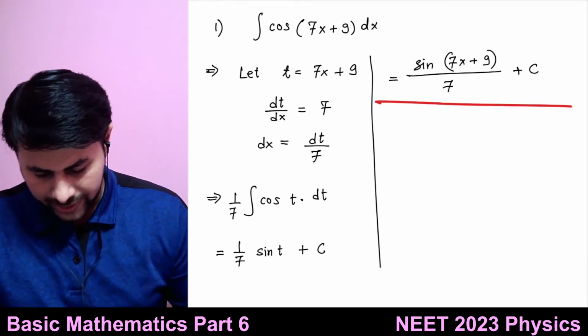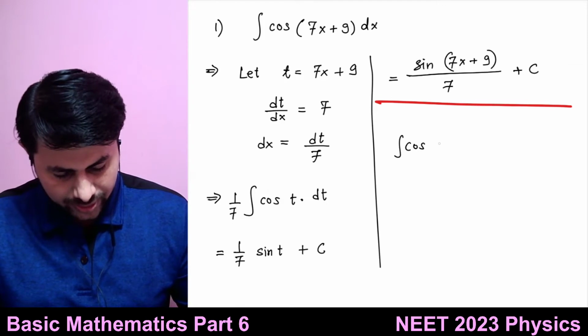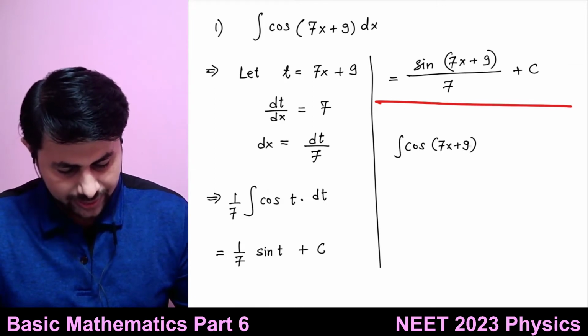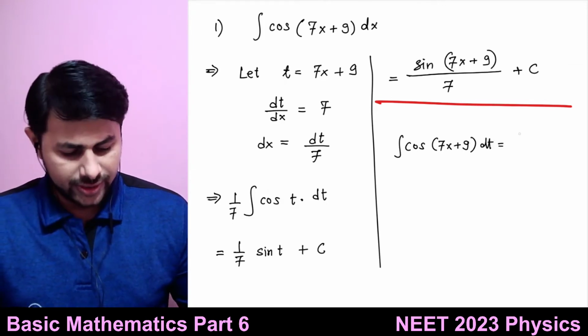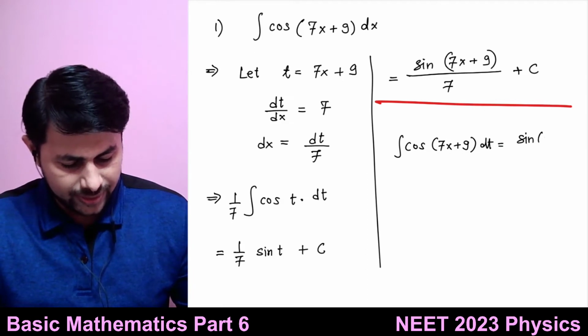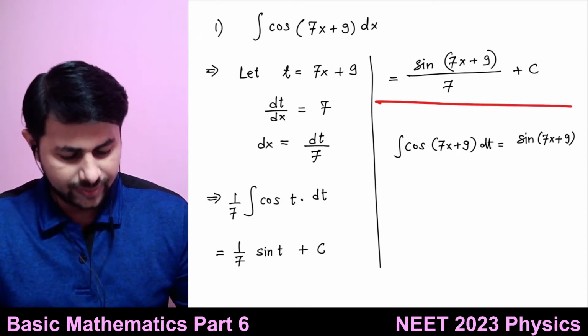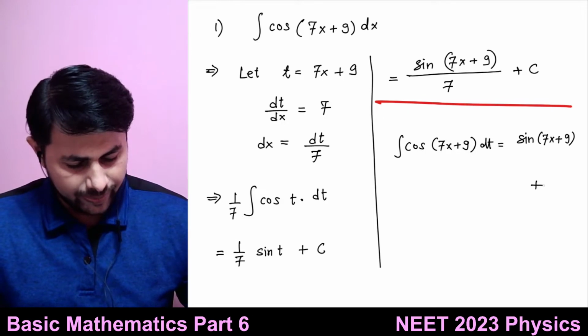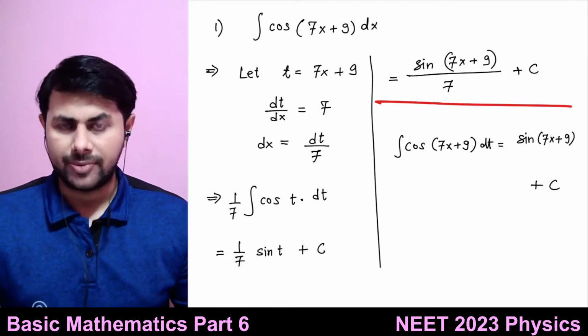So I am taking the integration of cos of 7x plus 9, and it is sine of 7x plus 9, plus some constant because we are doing an indefinite integral.